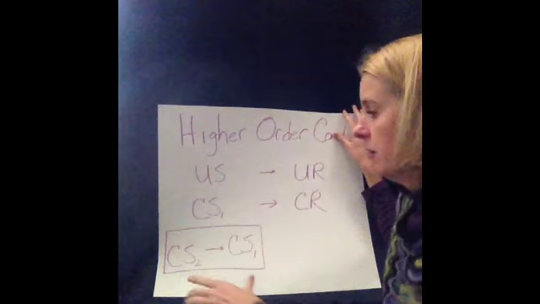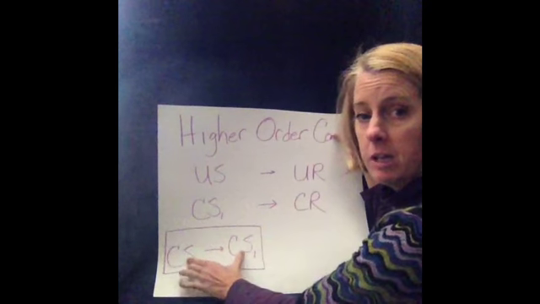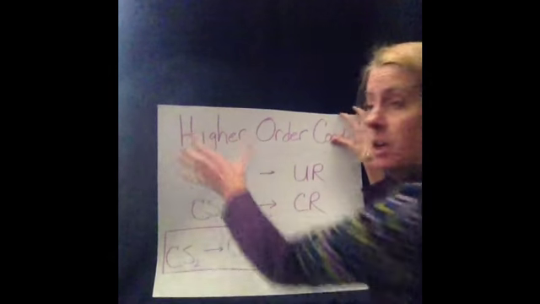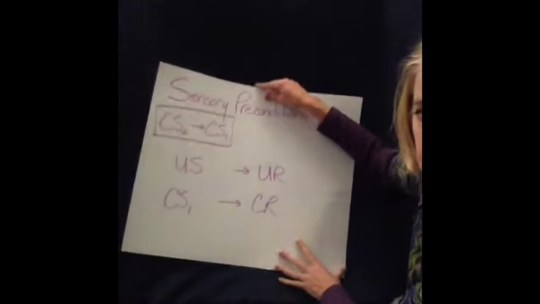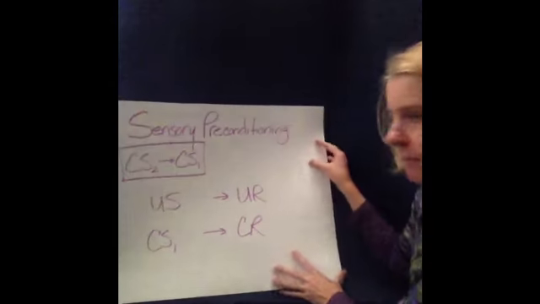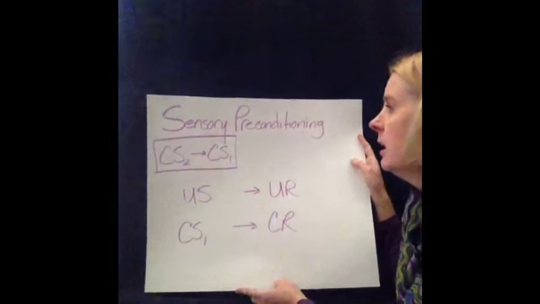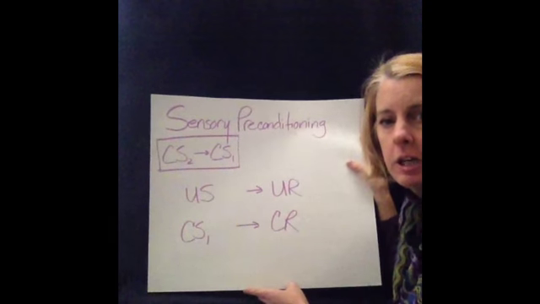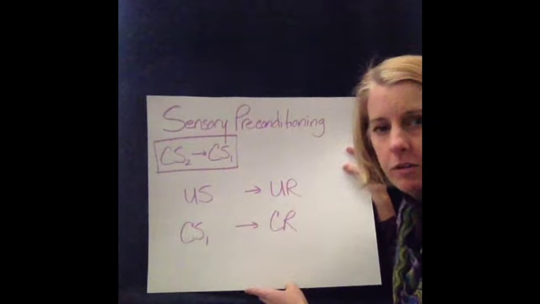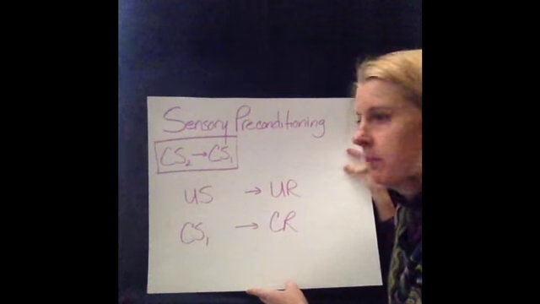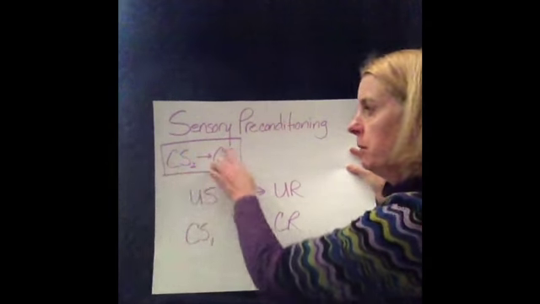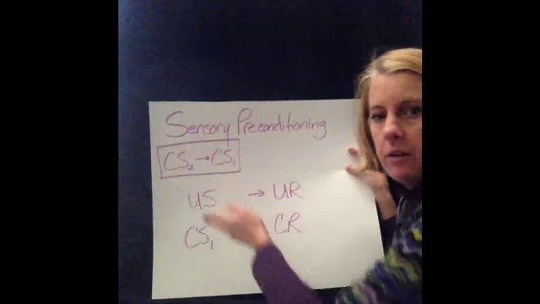Now moving on to the next thing, like I said, we're going to take this piece of it and it's just going to shift to where it happens before. And when that happens, this is called sensory preconditioning. All right, let me get that where you can see it. In sensory preconditioning, a great example of this is like guilt by association, where let's say there's two people that you always see hanging out together.